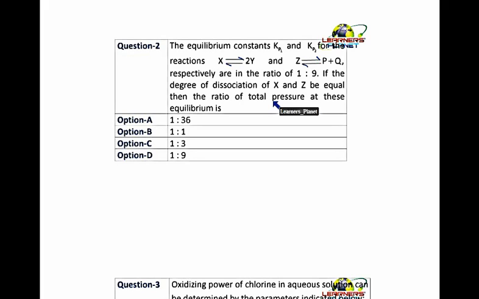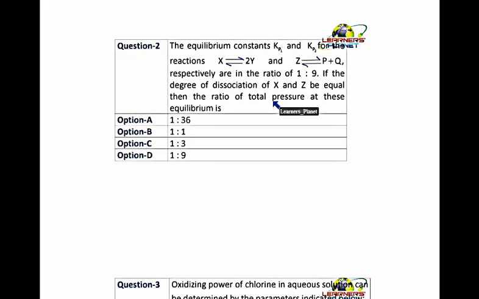See, we have been provided with, say, X is in equilibrium with 2Y. Now, if I take, initially there was 1 mole of X and this was 0. This is initially. Now at equilibrium it would be what?